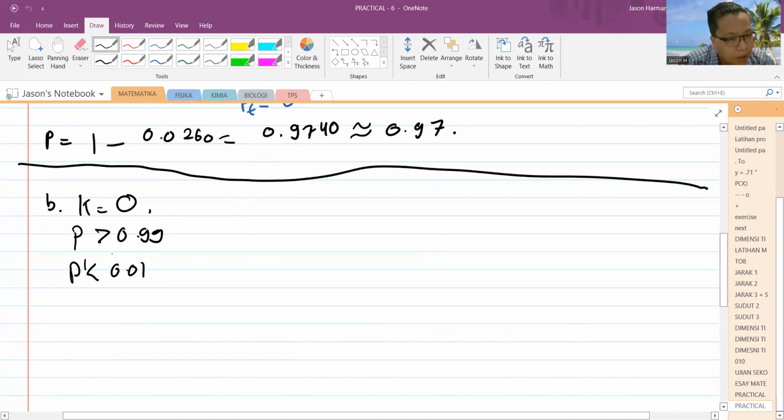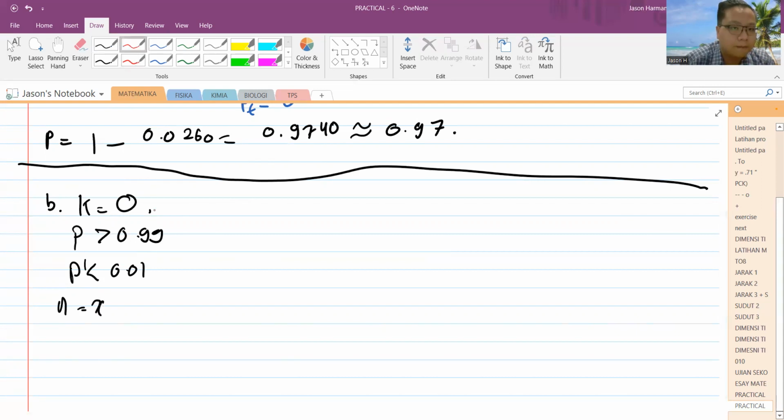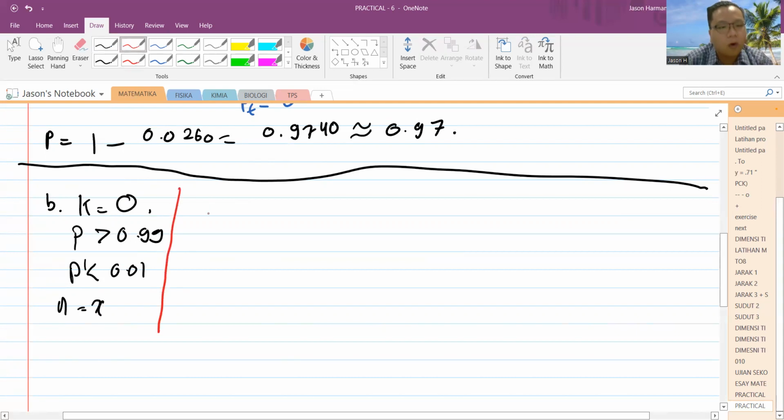Okay, so the n here will be x. Still use the exact same form, nCk, that means xCk, which is 0, and turns out this is a lucky form, because the combination of 0 is 1, and we times it by the complementary 0.35 to the power of 0, and then 0.65 to the power of x.